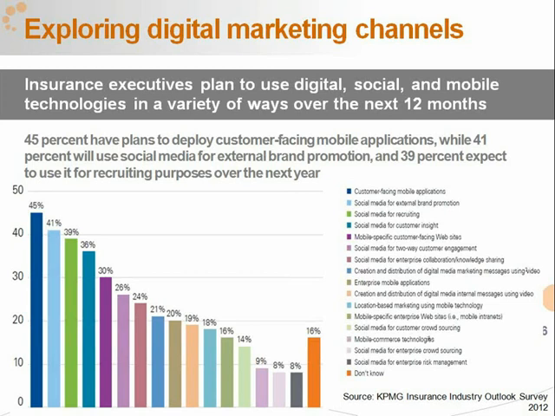Therefore, to look at almost 41% of insurance companies looking at using social media is a statistic which tells us that there is a lot of momentum in terms of using new digital channels and exploring them for better brand promotion.